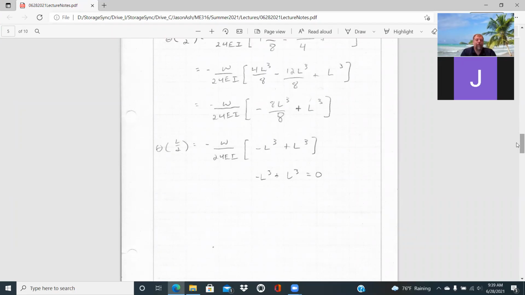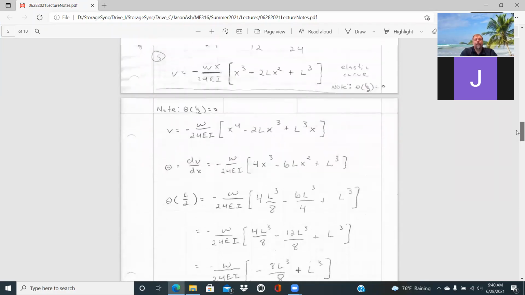It just takes time going through the integrations and solving your boundary conditions and doing all that stuff. Whereas if you have a problem where you can make use of the tables, you can generally do that problem a lot quicker, sometimes in under 10 minutes. If it gets complicated with superposition, there's still going to be algebra involved, but you're probably looking at a half hour instead of over an hour if you're deriving that from scratch.